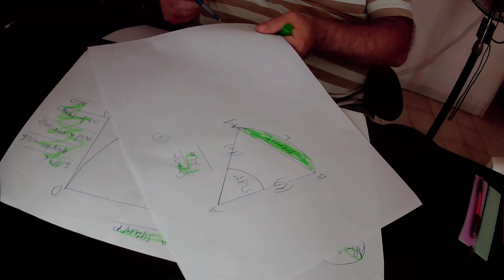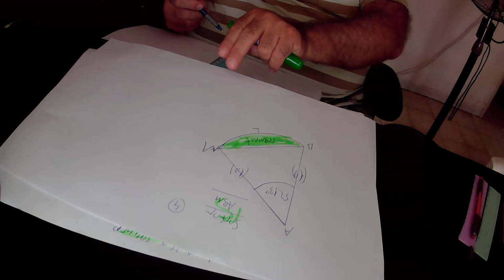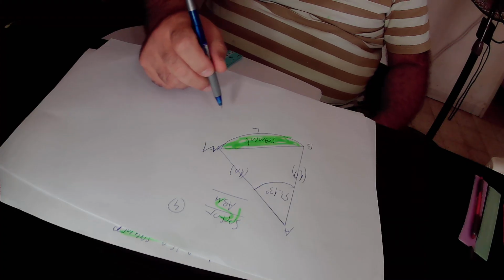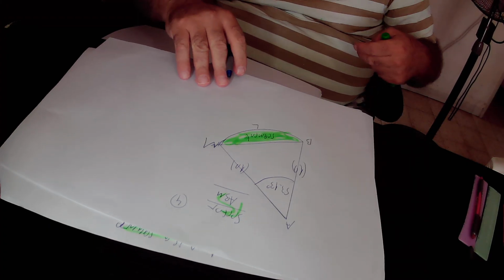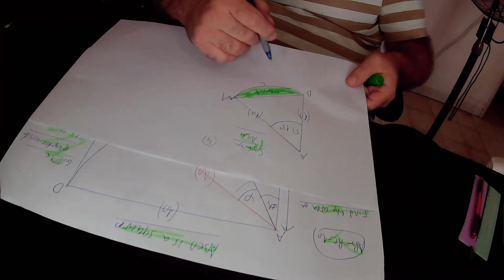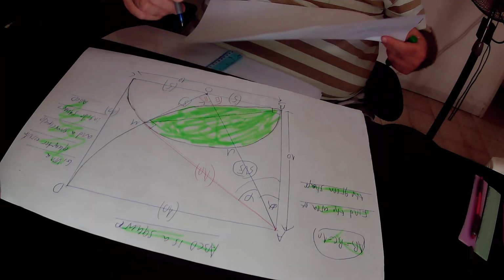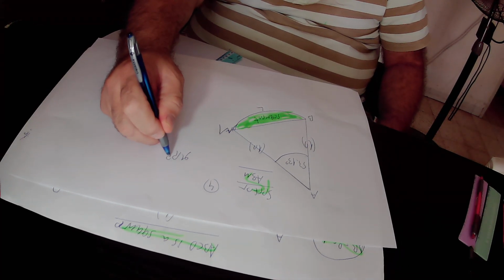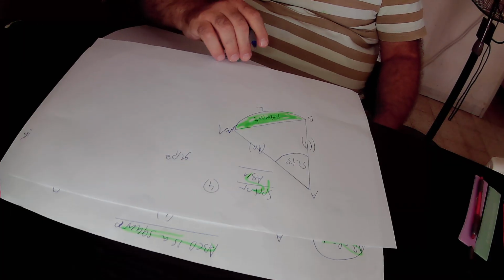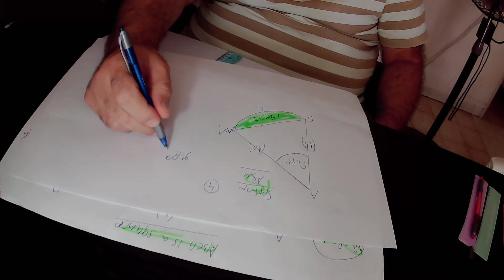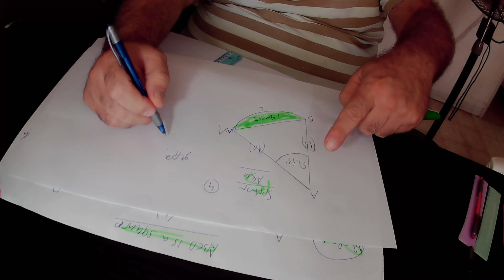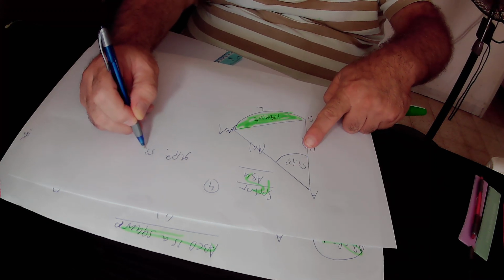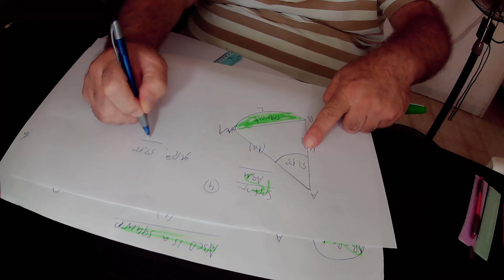So the area of sector ABM equals pi r squared, the area of the circle that contains the sector, where r is 10, the radius of the quarter circle, times the angle between the two legs, 53.13 degrees over 360 degrees.